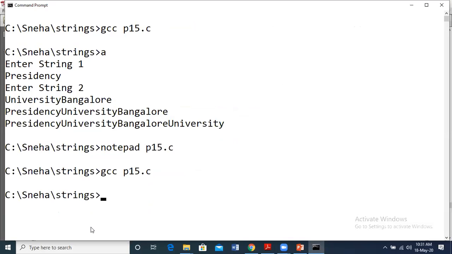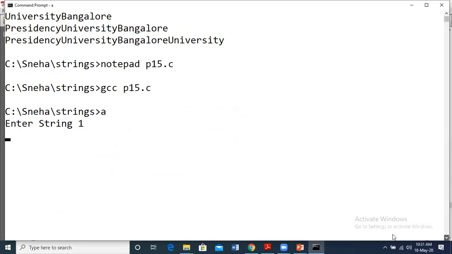So in this case, here we have the first string. I will give the same input so that we compare. So first string Presidency, second string University Bangalore. Now what is the strcat output?